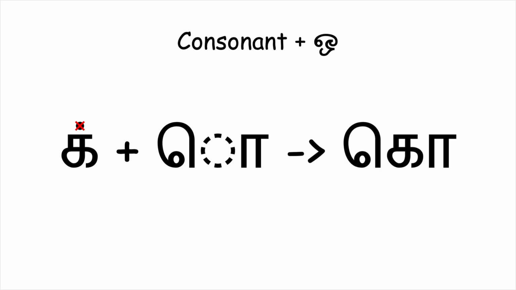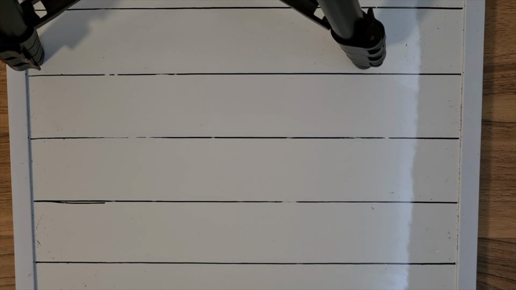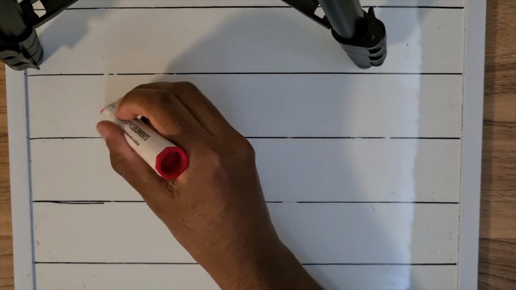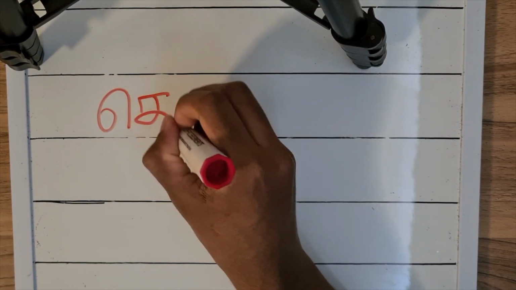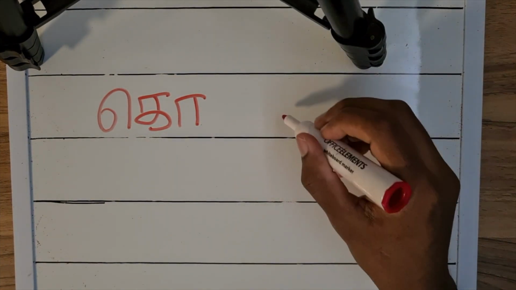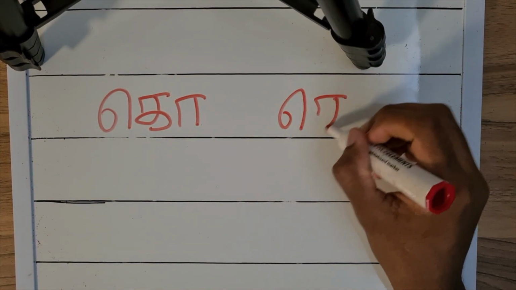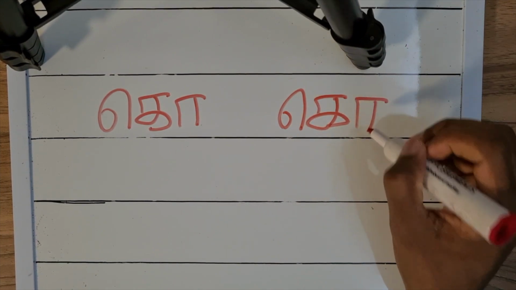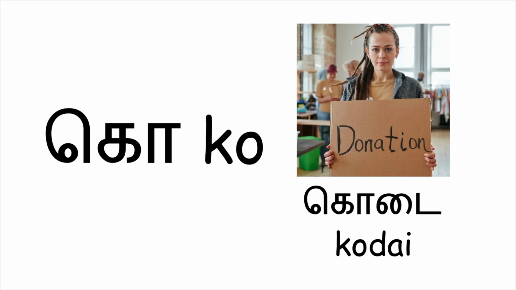Let me show you how to write ko. An example word that starts with ko is kode, which means donation.